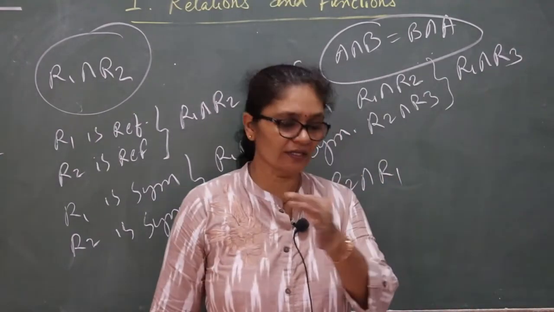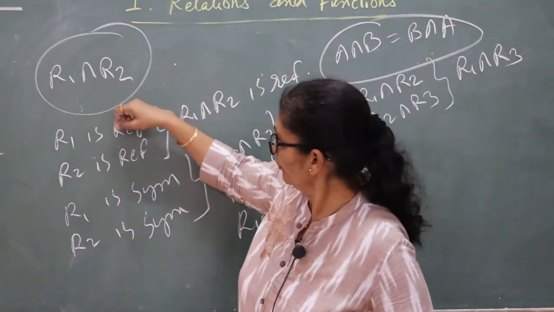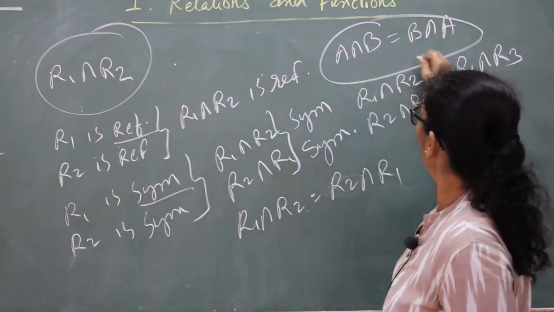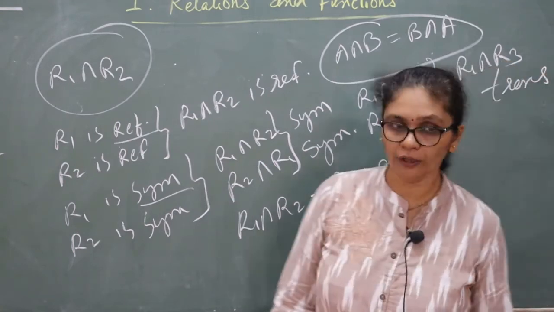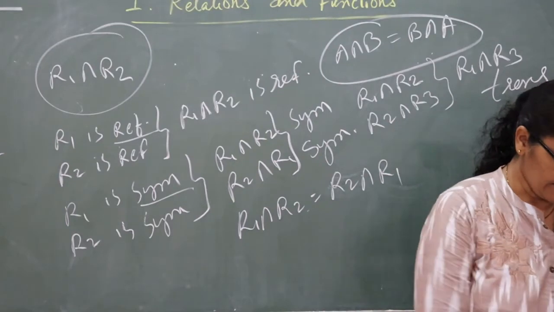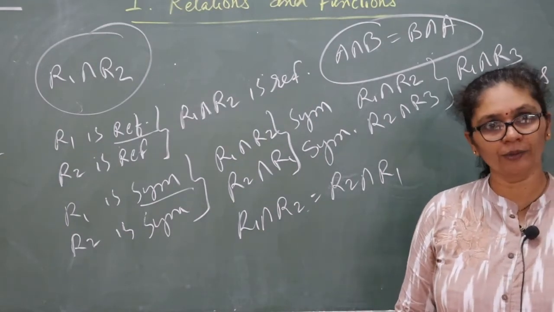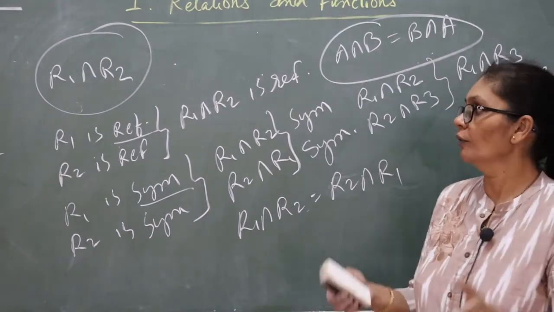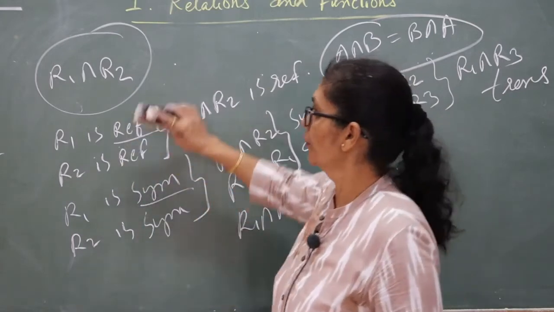So this third thing shows it is transitive also. If we follow all three, reflexive, symmetric and transitive, then you can say it is an equivalence relation. It is already solved in your book. So you have to follow the method and writing procedure the same as the textbook.